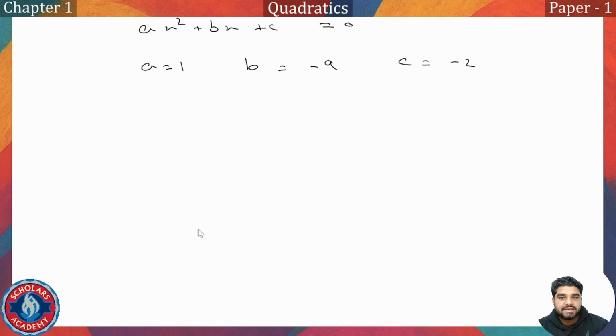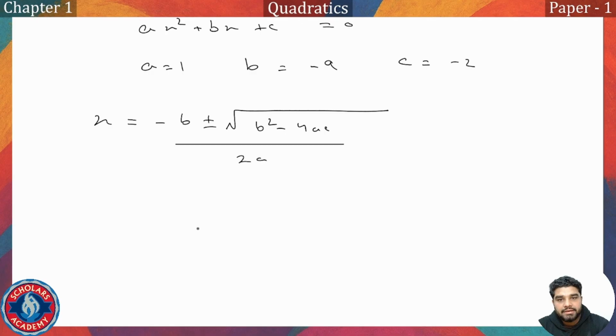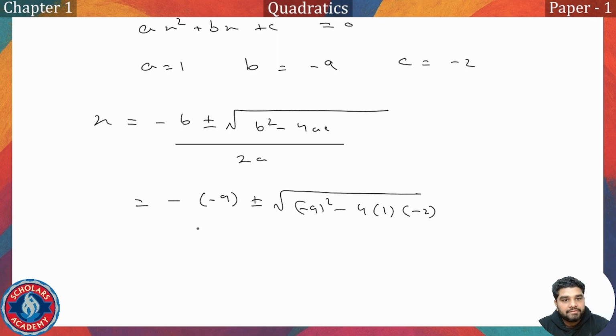Substituting these in the quadratic formula, x is equal to negative b plus minus root of b square minus 4ac, by 2a. We get negative of negative 9, plus minus root of negative 9 square minus 4 times 1 times negative 2, by 2a, which is 2.